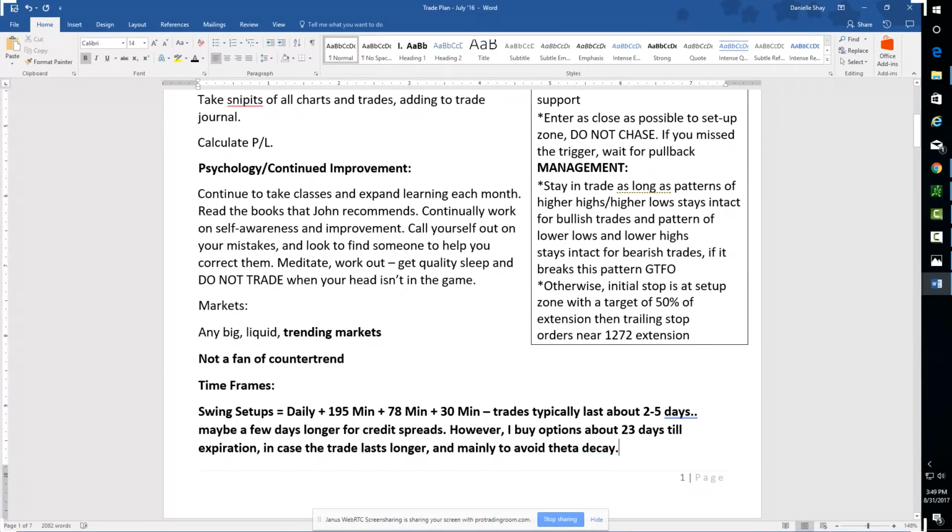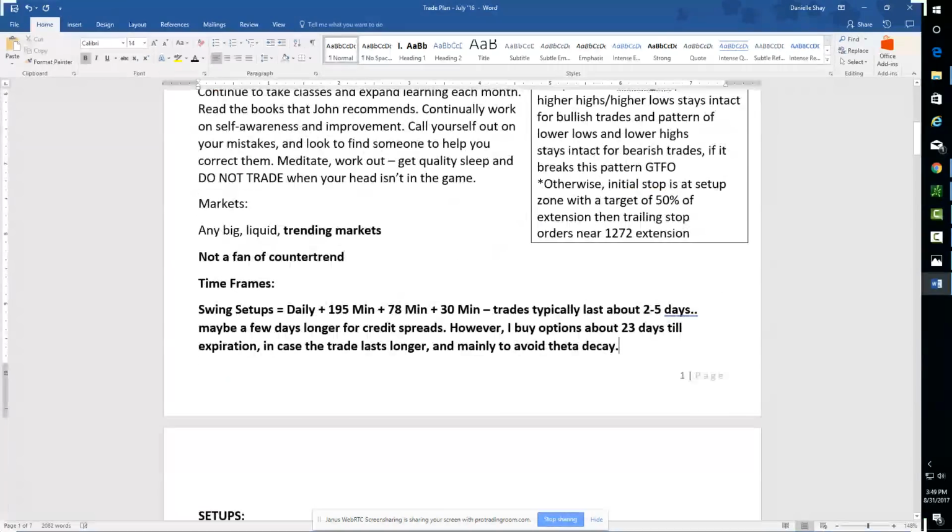So it's really just good if you define your time frames and find something that works for you. Some people, this is way too short term for them, and that's completely fine. You should trade however you feel most comfortable, but these setups can be applied to any time frame. That's why I love the setups that I trade with.